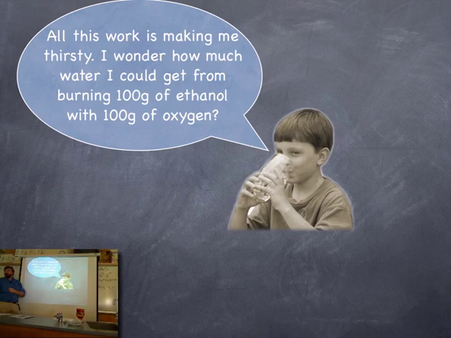Wait, how do you get water from it? It's not enough oxygen. What are the products of our combustion reaction? Look at the sheet. Well, the water is released in the gas phase, but if we cooled it down, it would turn into liquid. Yeah. Wouldn't there be not enough oxygen to burn all of it?